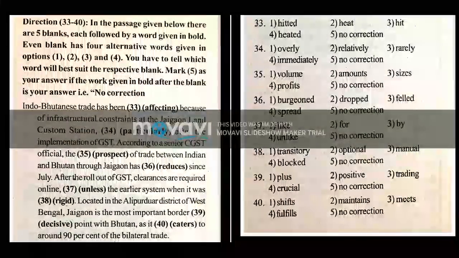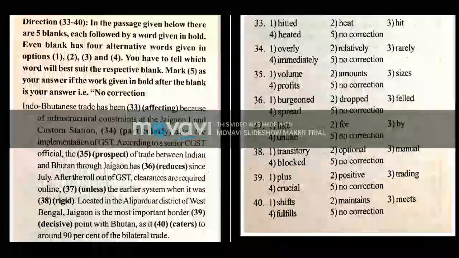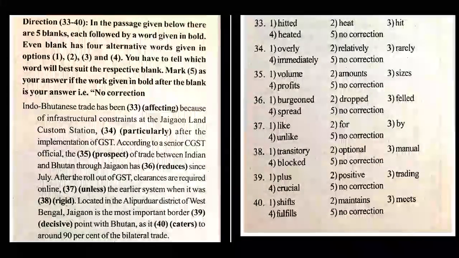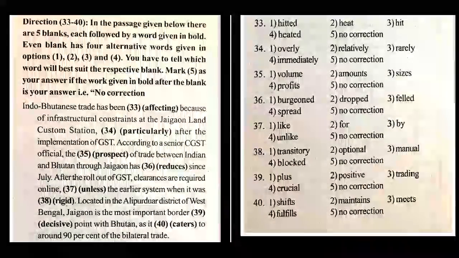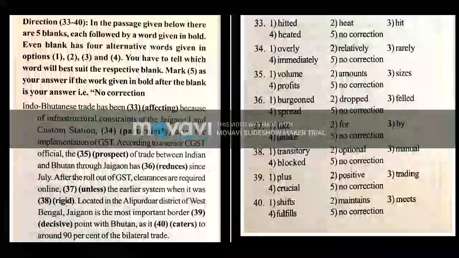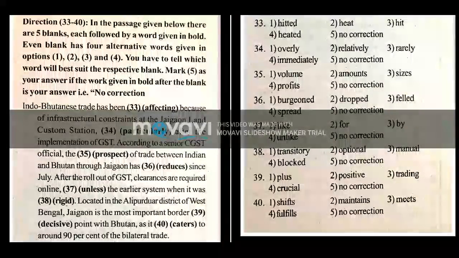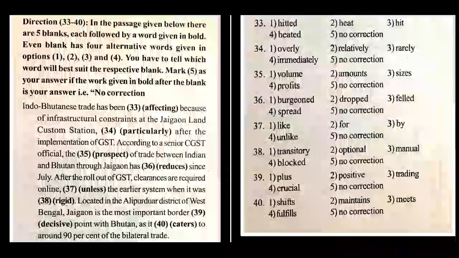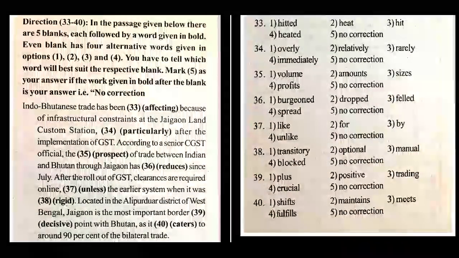So in such a structure, three types of answers are possible. One, I can say, for example, he has been taught, T-A-U-G-H-T, taught here functions as the V3 form of teach. So this is one structure which is possible.